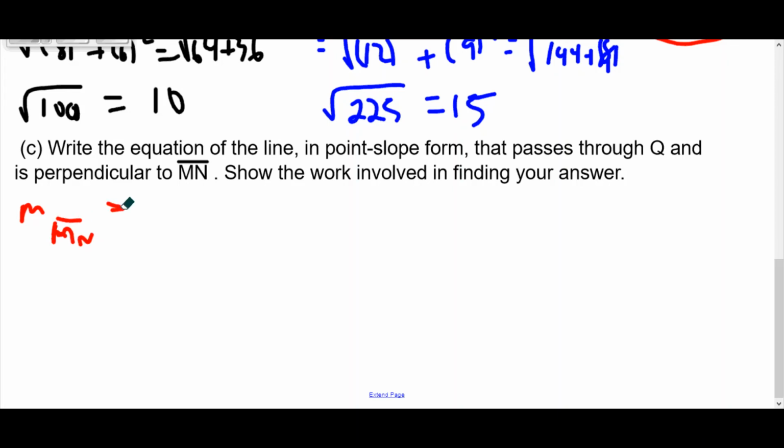So our slope formula, if you guys remember, is y2 minus y1 over x2 minus x1. A little too much on the squaring from the previous problem. So let's take a look.